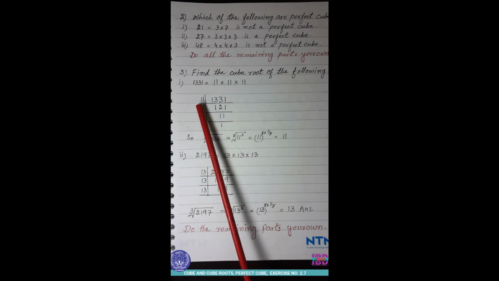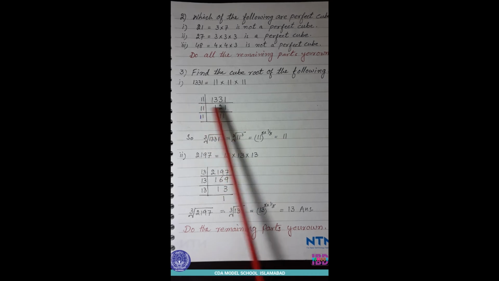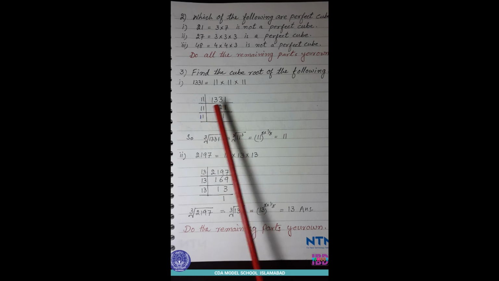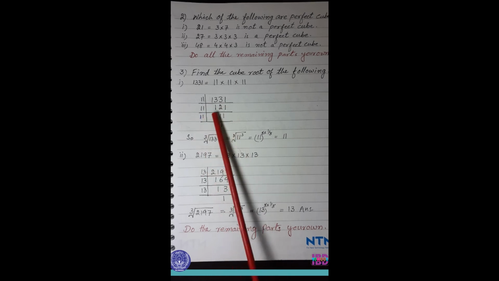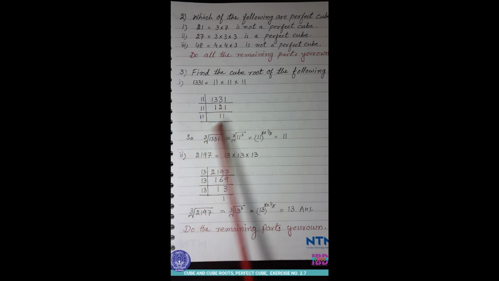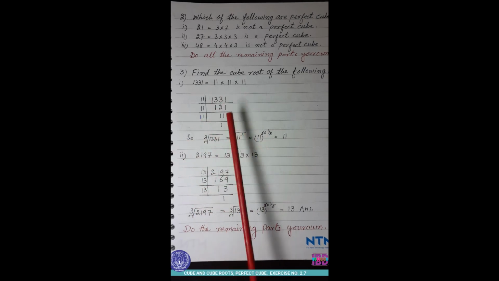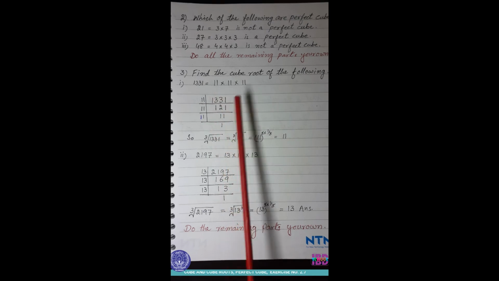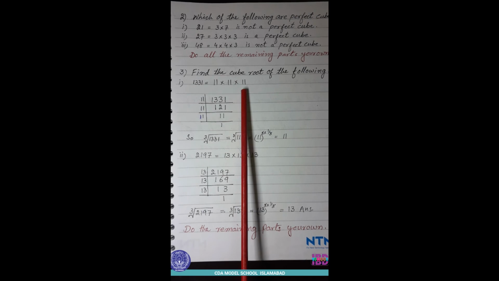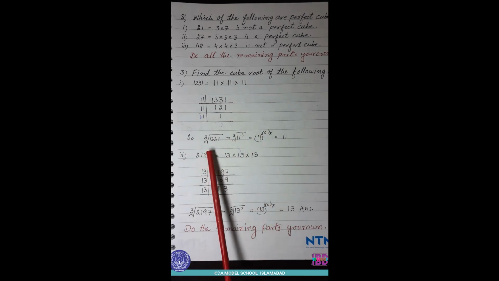I think the number may be 11. Let's check. 11 times 11 is 121, and 121 times 11 is 1331. Hence the factors of 1331 are 11 into 11 into 11.